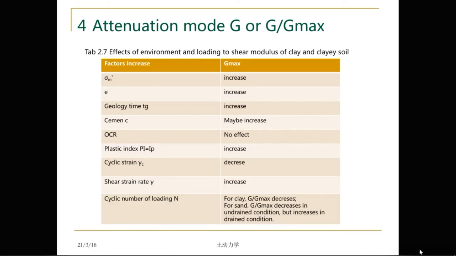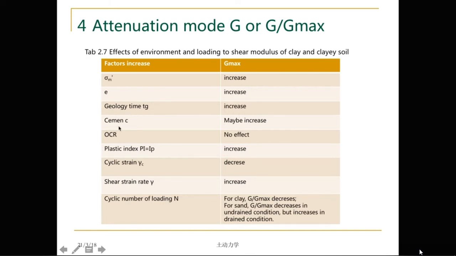Now let's conclude the result. If sigma m prime increases, it will cause Gmax to increase. If void ratio increases, it will cause Gmax to increase. If the geological time increases, it will cause Gmax to increase.